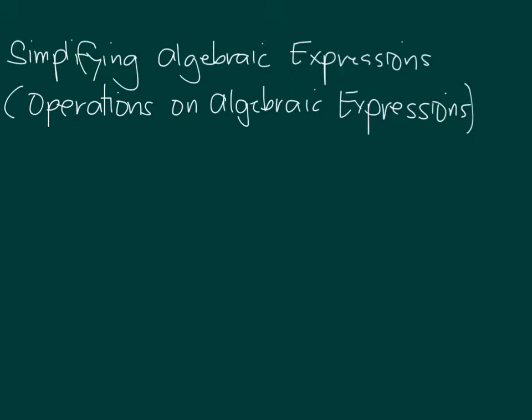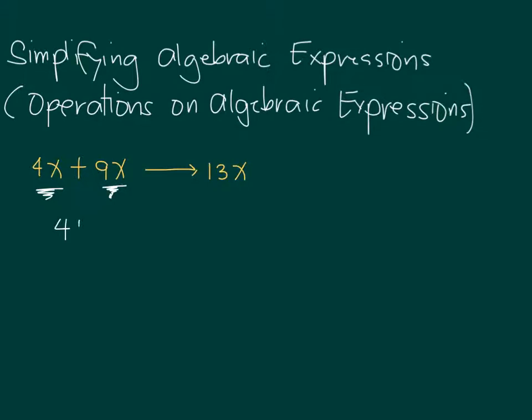Okay, so just to provide you a quick review on how to combine algebraic expressions, I'll give you some examples. Let's say I want to have 4x plus 9x. So 4x plus 9x means 13x. So I have 4 of x, and then I add 9 of x.